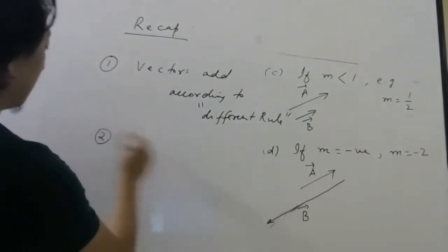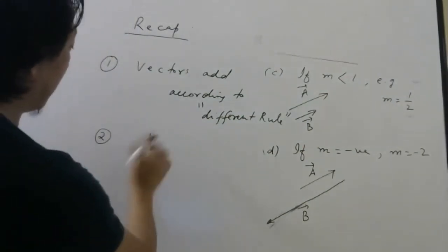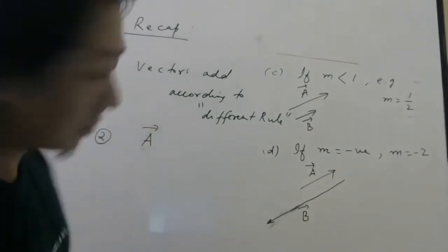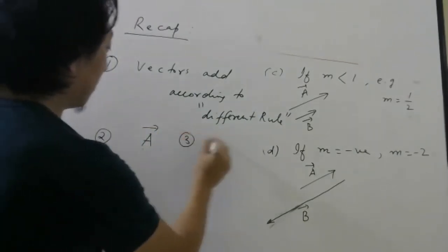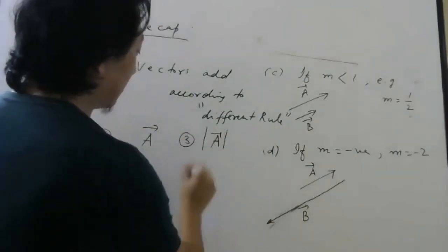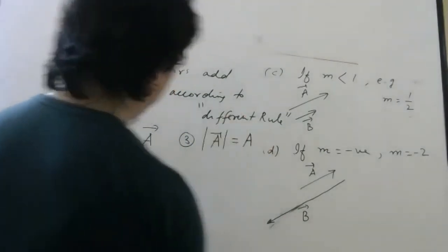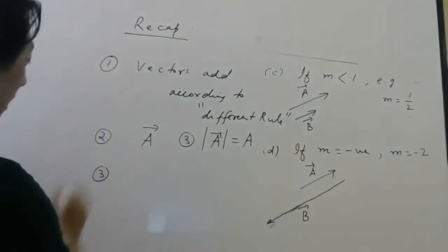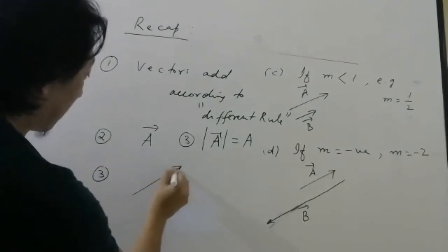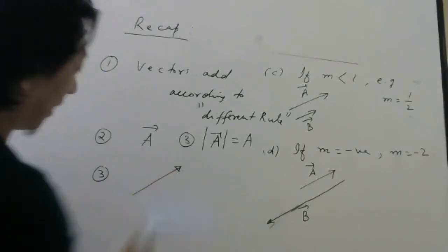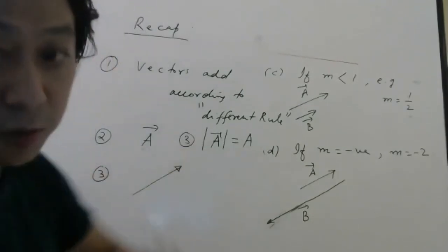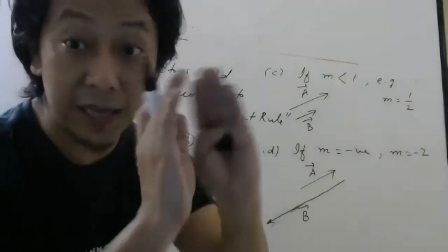Second thing I told, symbol of vector will be any letter with an arrow mark. Third thing, magnitude will be given by this symbol or simply A. Arrows will be used to represent vector in a diagram.